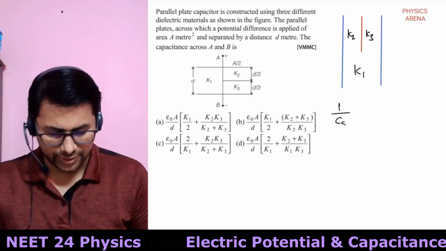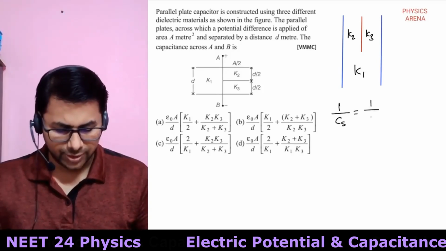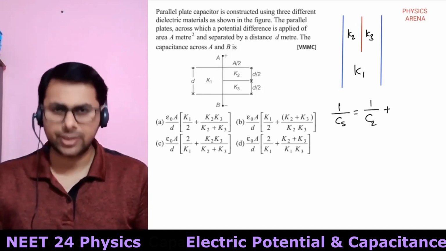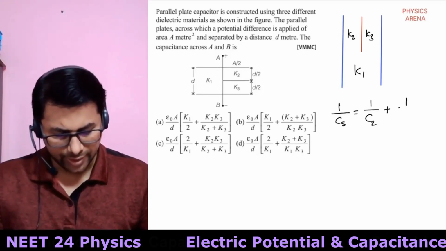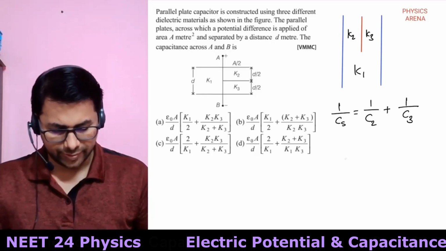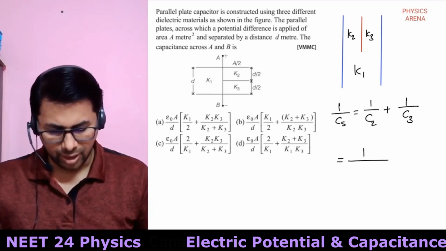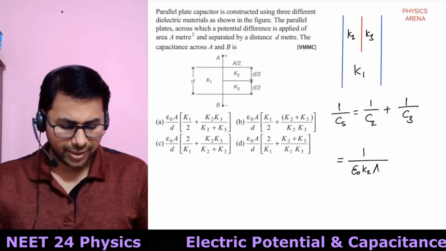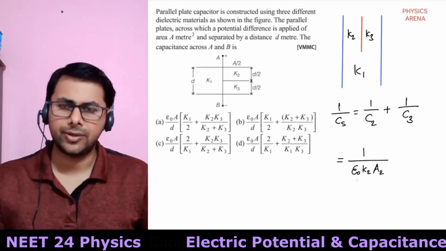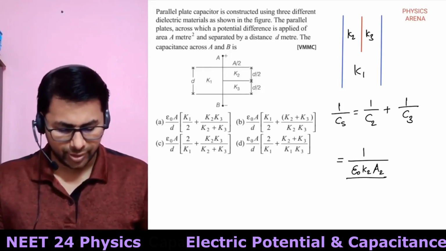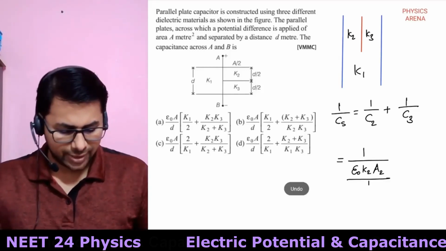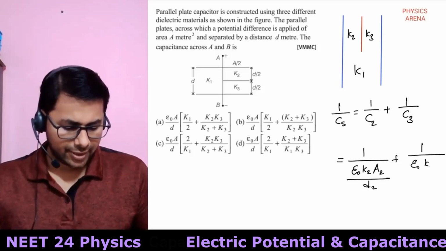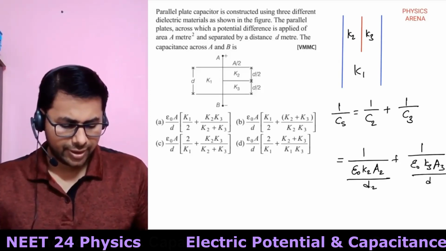Okay, so what is CS? We can say 1 upon CS is equal to 1 upon C2, because it is K2, plus 1 upon C3. That is equal to 1 upon, how much is C2? Epsilon naught K2 multiplied by A2 upon the distance D2, plus 1 upon epsilon naught K3 A3 upon D3.